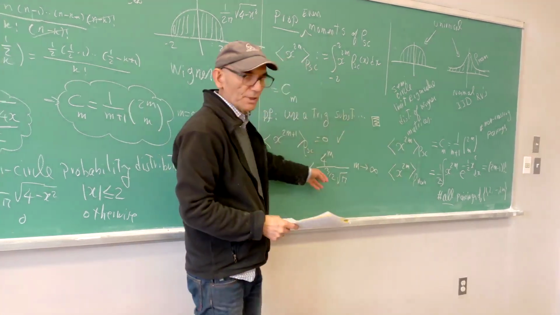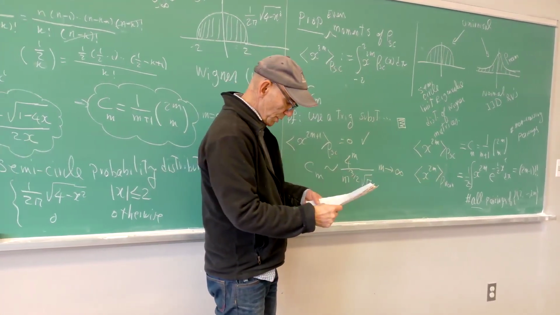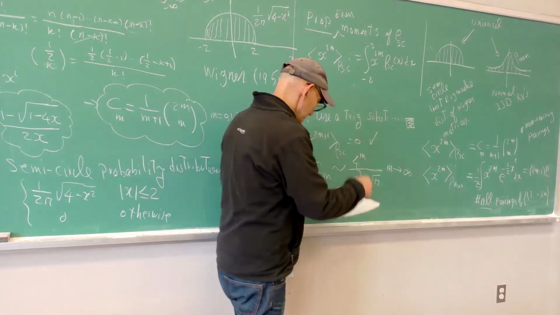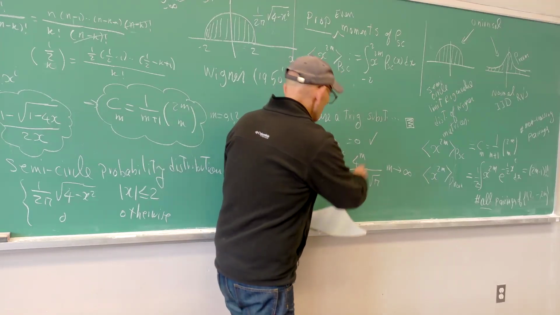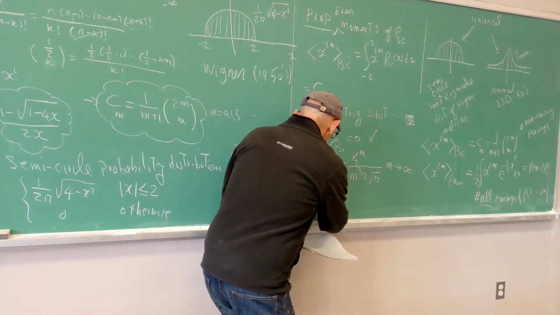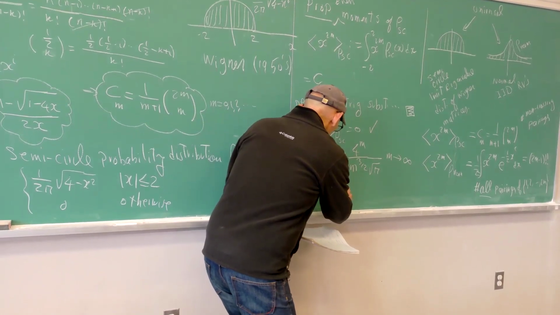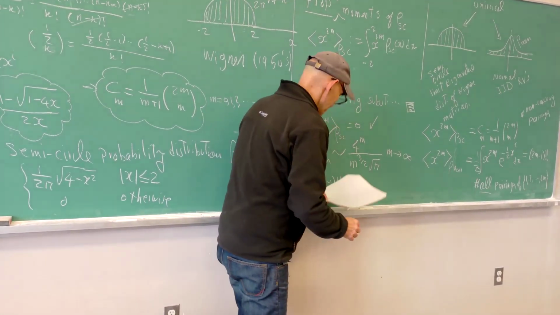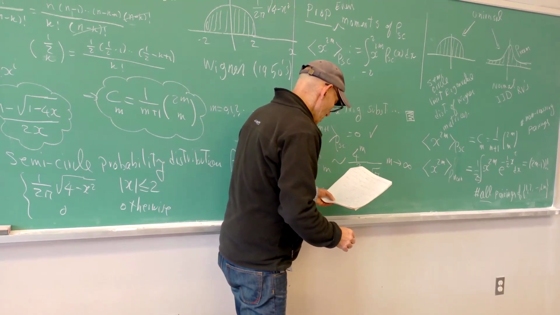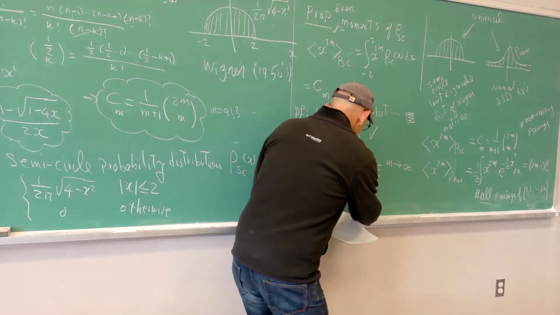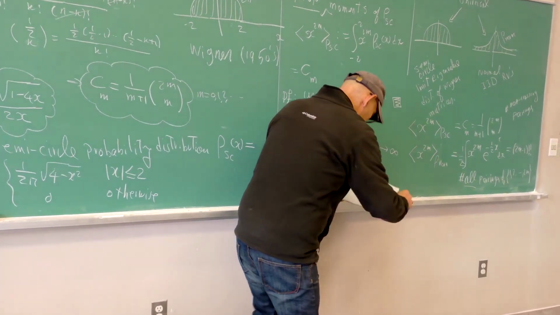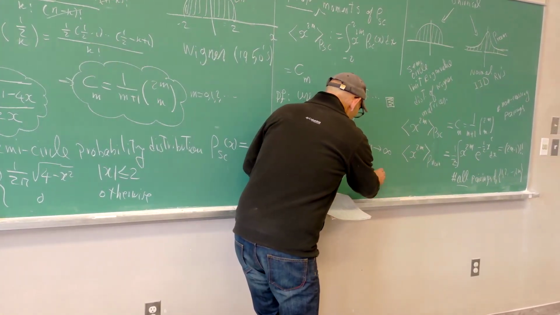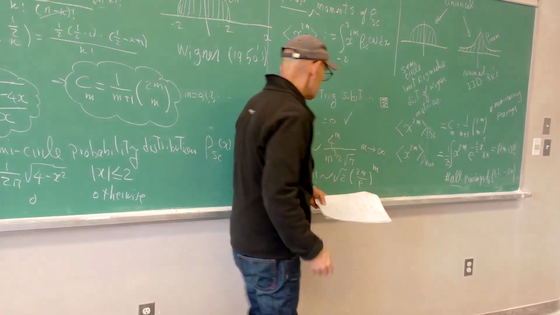So this has exponential growth, but that guy, (2m minus 1) double factorial, grows like root 2 times (2m over e) to the power m.